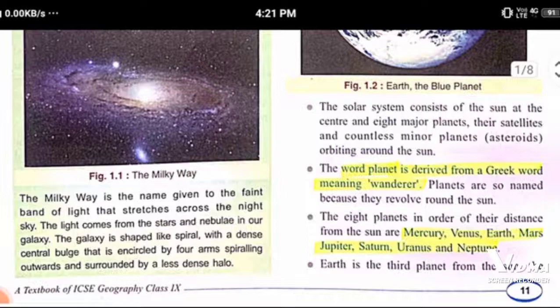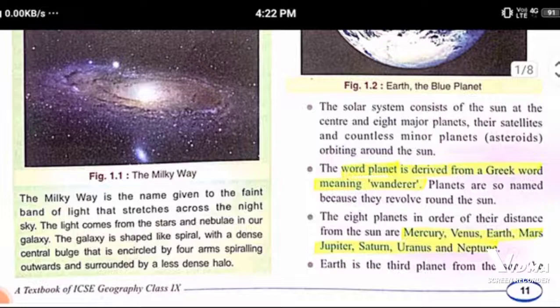So the galaxy is shaped like a spiral with a dense central bulge. Central bulge means in the center it has a bit of swelling, that is, it's bulged. This word bulge would come a lot in this whole unit, in our next chapters on latitudes and longitudes, and rotation and revolution, because our Earth is also bulged.